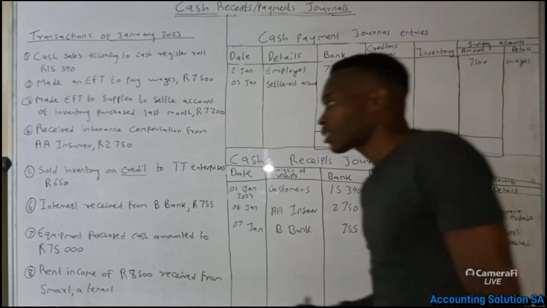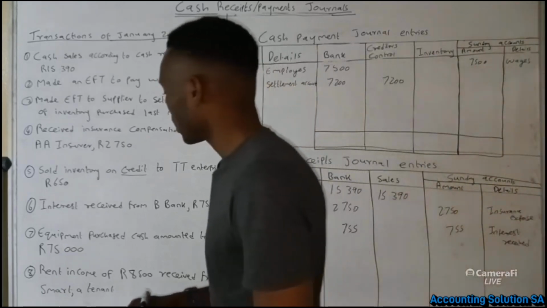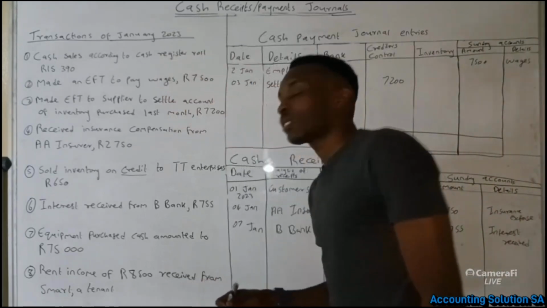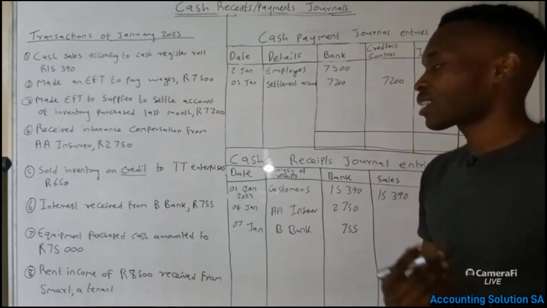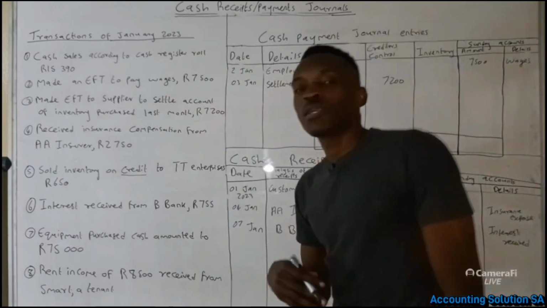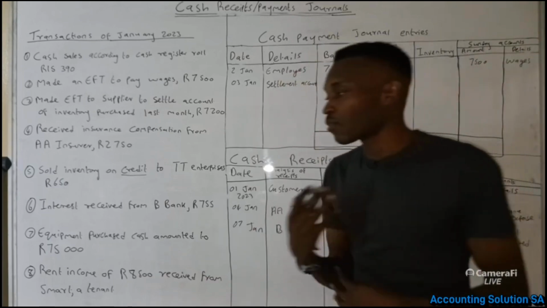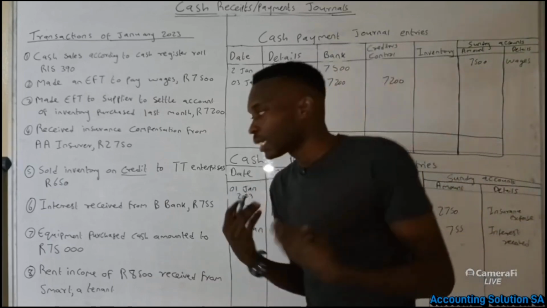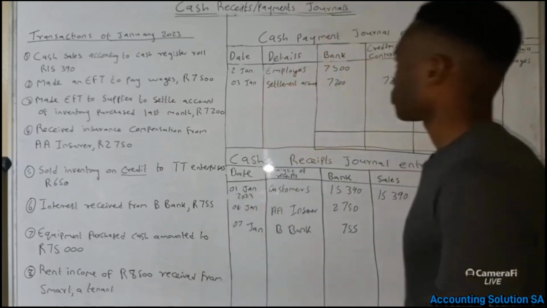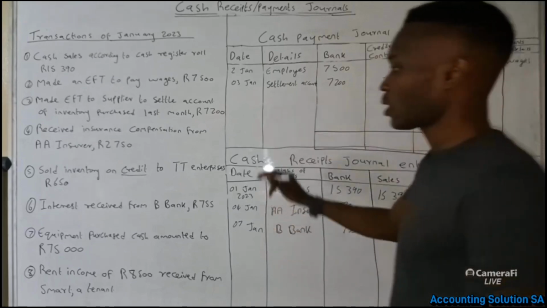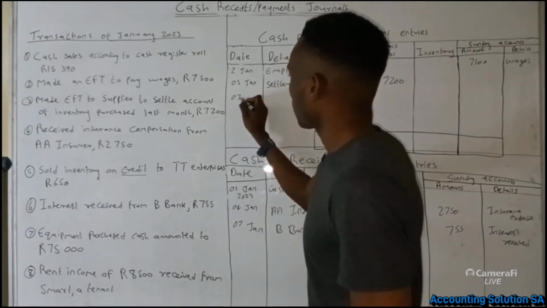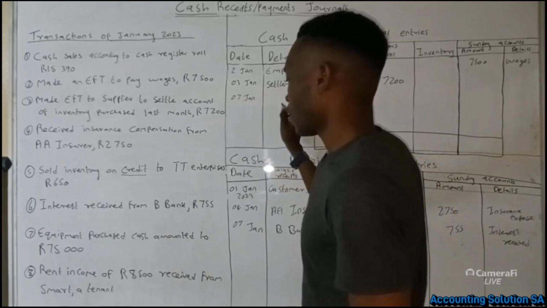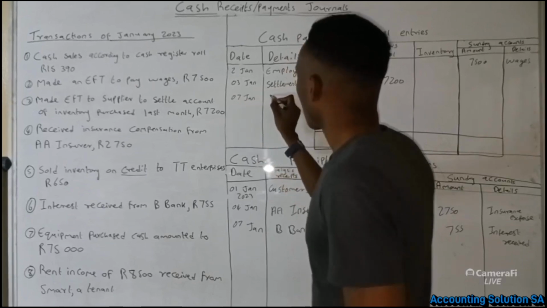Okay, then the next one, equipment purchase cash amounted to 75,000. Equipment purchase cash amounted to 75,000, which means that this one is going to fall under cash payment journal. All right, a cash payment journal is this one. Of course, we are going to record it because cash has been paid on 7 January. Equipment purchased.